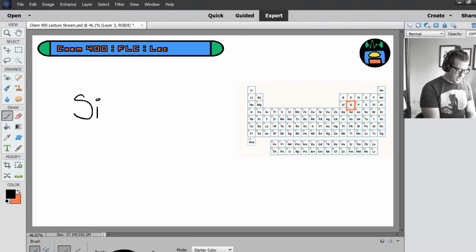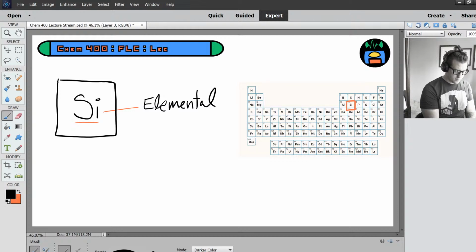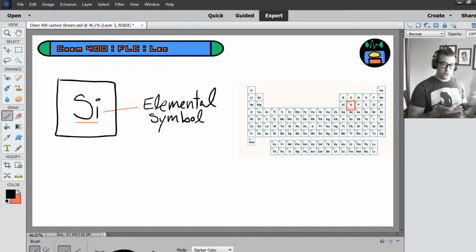On the periodic table, every element has its own discrete little cell, all right? And this right here is called the elemental symbol. The elemental symbols are either one letter or two letters, a capital letter and a lowercase letter.